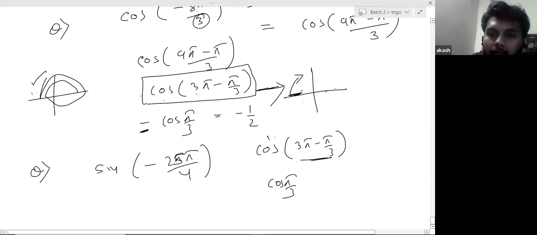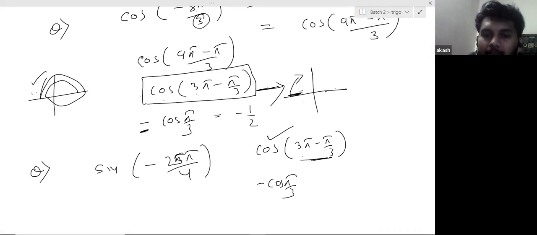So in second quadrant, cos is negative, right? Is this clear, Rahman? That is why a negative sign. Yes, pi by 3 is 60.